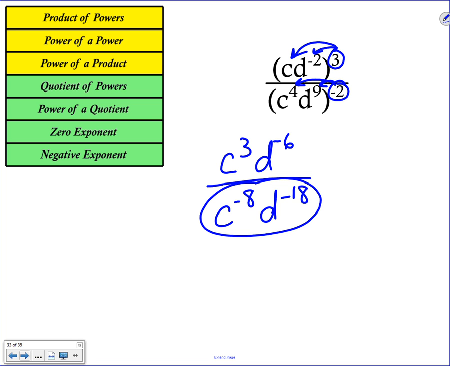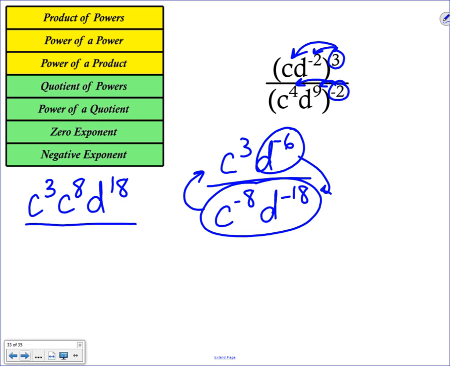So I'm going to move the c to the negative 8 and the d to the negative 18 to the numerator and the d to the negative 6 to the denominator. I just don't want to deal with a lot of negative exponents. So I have c cubed, c to the 8th, d to the 18th in the numerator, and then d to the 6th in the denominator.